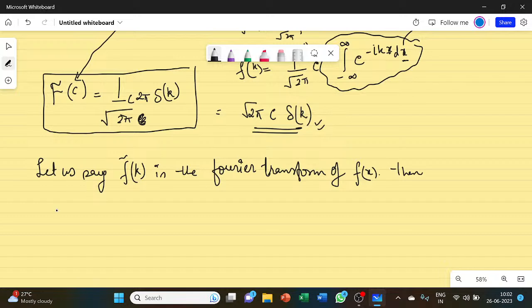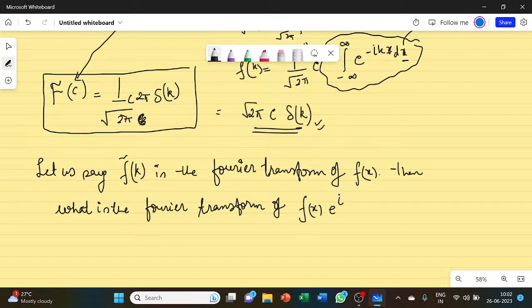Then what is the Fourier transform of f of x into e to the power iota k naught x, where I take a different variable, k naught? So if I multiply it with something like e to the power iota k naught x, because here it is k now, what will be the Fourier transform of f of x into e to the power iota k naught x? This is what we want to find.